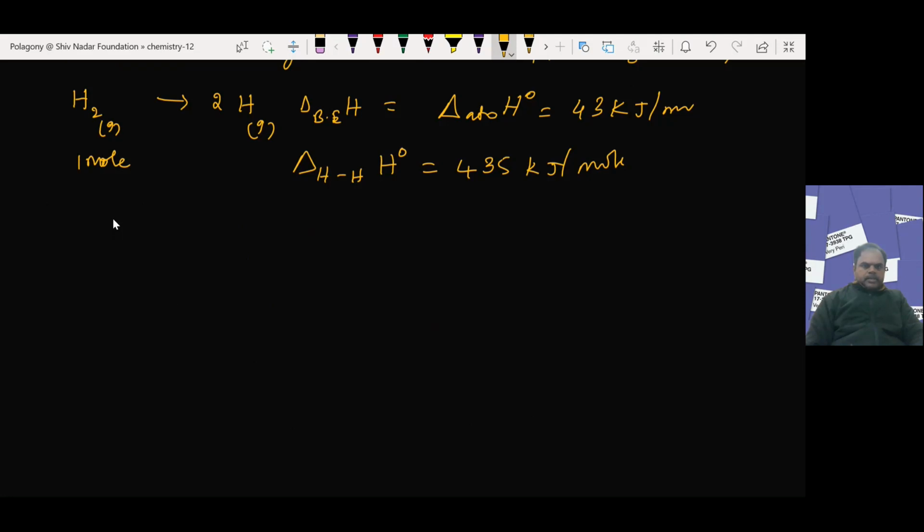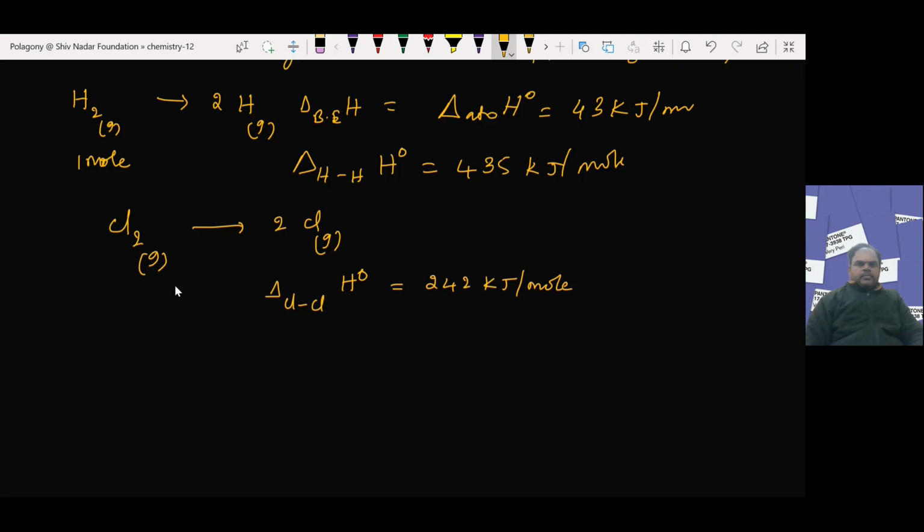If you take another diatomic molecule example, 1 mole of chlorine gas in molecular form, and you want to get free gaseous chlorine atoms, the bond dissociation enthalpy of chlorine is around 242 kilojoules per mole, which is endothermic.